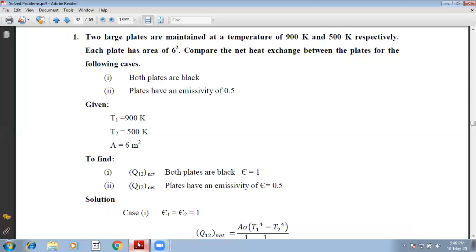And the governing law for the radiation mode of heat transfer is the Stefan-Boltzmann law, which says the amount of radiant energy per unit area is directly proportional to the fourth power of the absolute temperature.